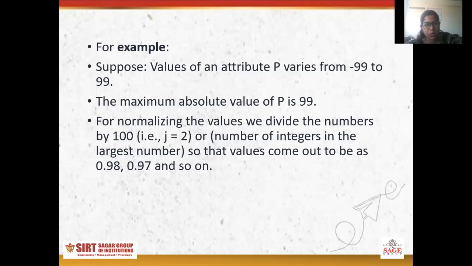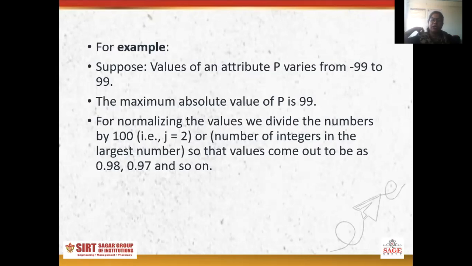Suppose the values of an attribute P vary from -99 to 90. So the maximum absolute value of P is 99. For normalizing the values, we divide the numbers by 100, so that the values come out to be 0.98, 0.97, and so on.